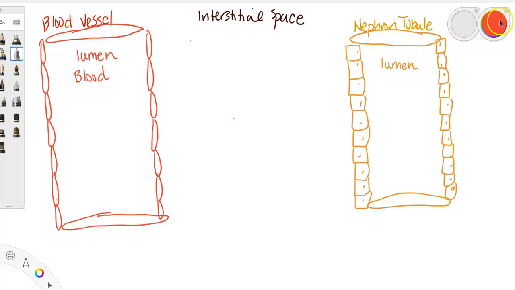And then what's in the lumen of the tubule? Well, it's called filtrate. This is not urine yet. It's a pre-urine, pre-pee. Okay, it's not urine yet. It's something different. Okay, we're making urine.